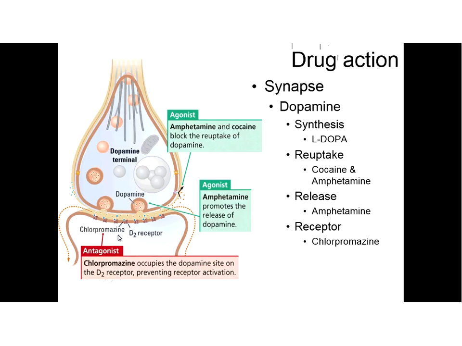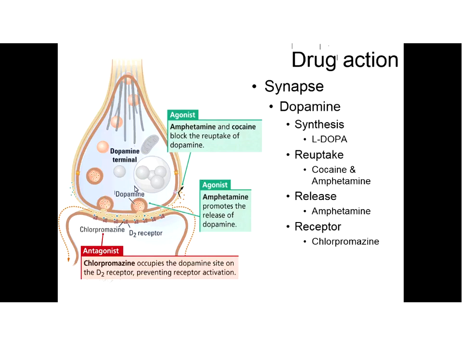system, increasing neurotransmission. Now, at the receptor level, we can see that chlorpromazine, which is a drug used to treat schizophrenia, can block a dopamine site and actually prevent it from having an effect. And so what we can see is that you have different sites on here.